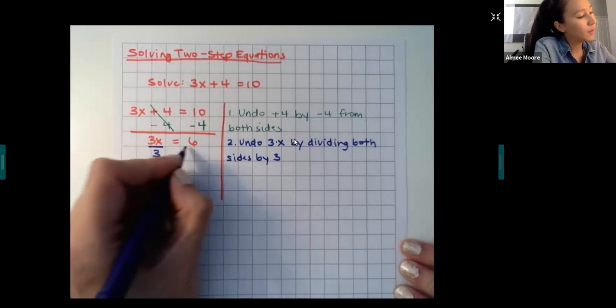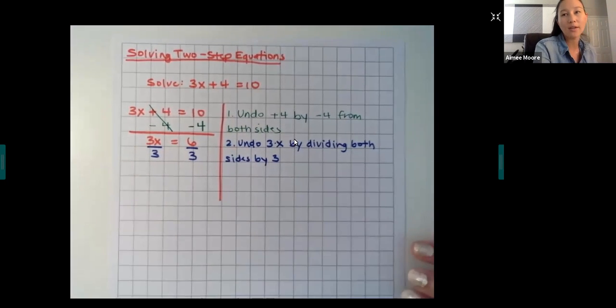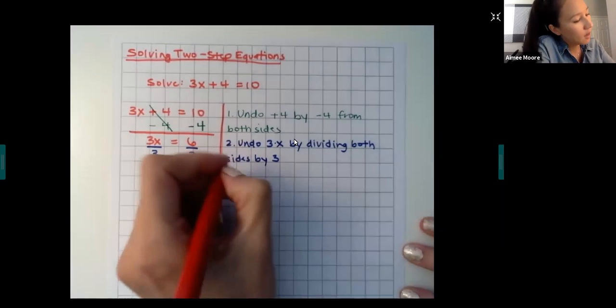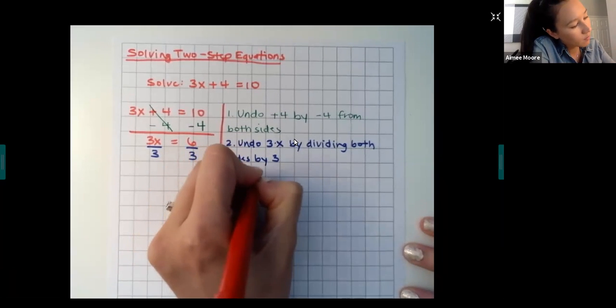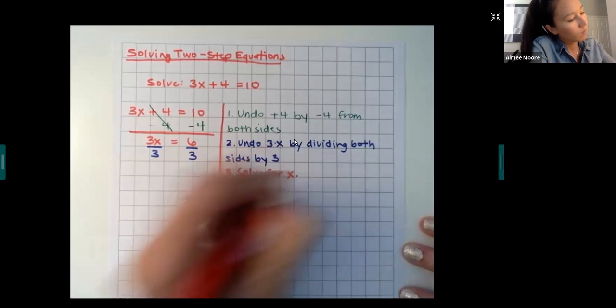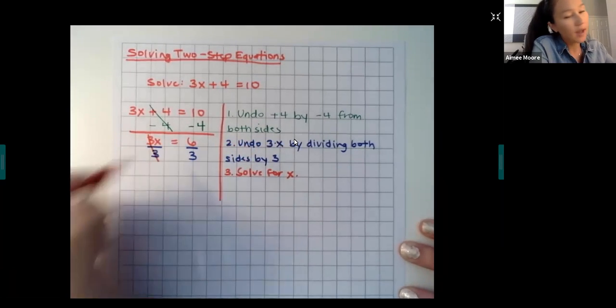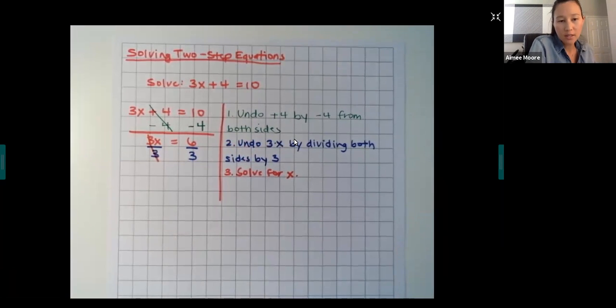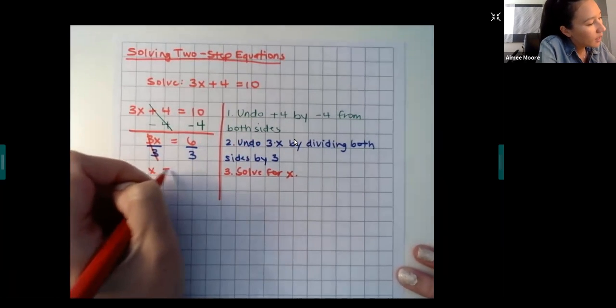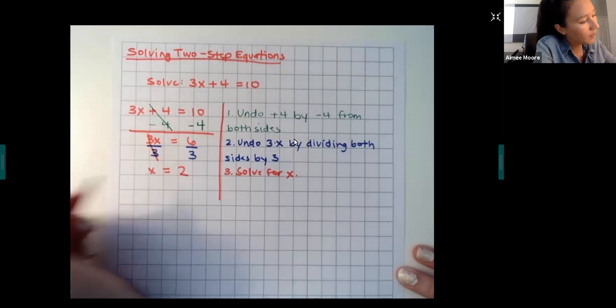So whatever you do to one side, you have to do to the other side. So then we solve for x. So 3 divided by 3, well, that's just 1, right? 1x. So that's just x equals 6 divided by 3, which is 2.